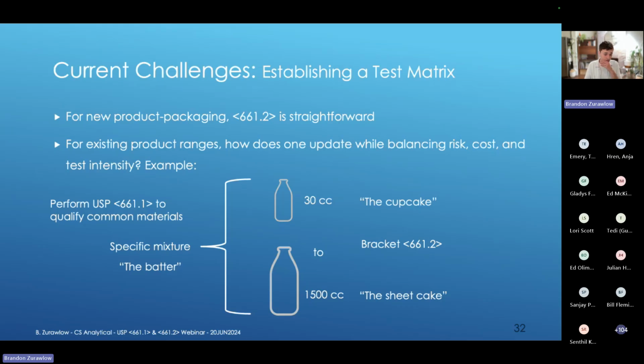And so what we establish is confidence in the material of construction that's being used across that range. And then we select perhaps the largest and the smallest packages within that range for 661.2. The justification there is that the material's qualified, we've looked at the extremes, and therefore we can be confident that those bottles manufactured in intermediate sizes out of the same materials should also be suitable for their intended use.